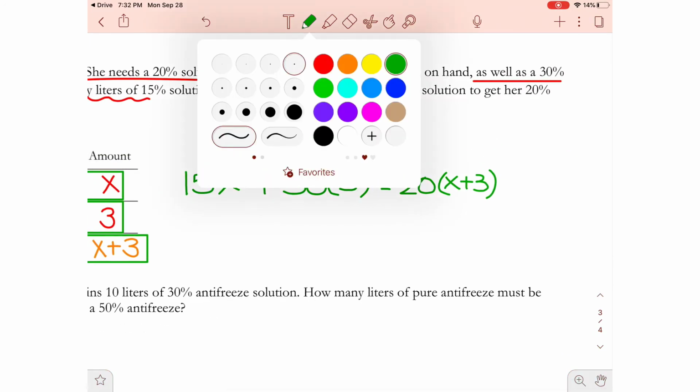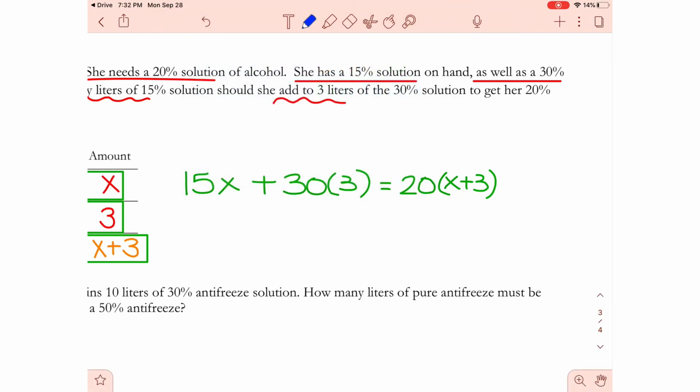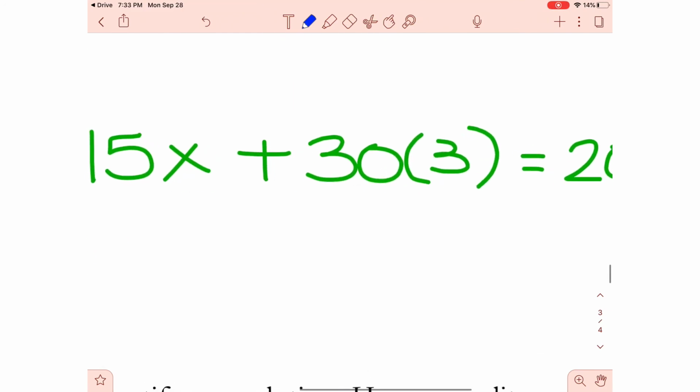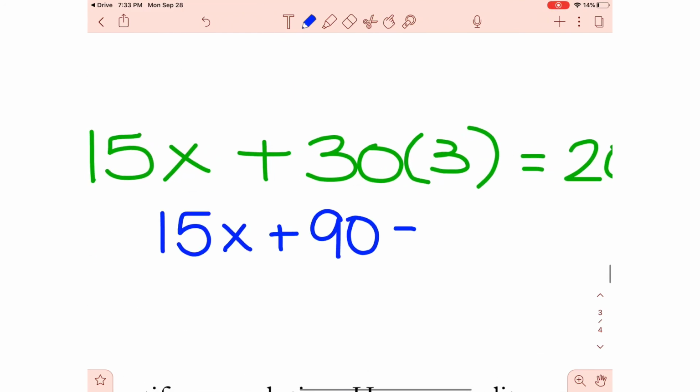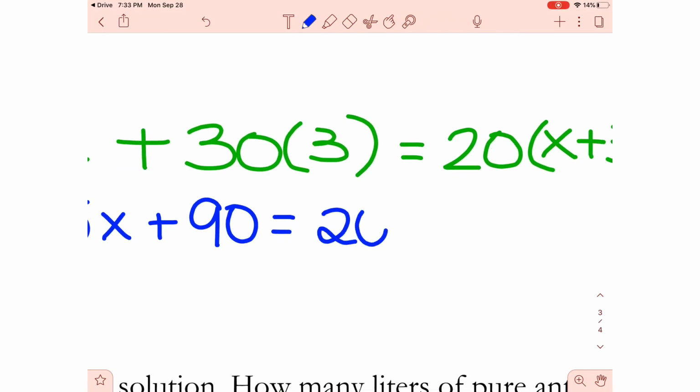Okay, let's do some math. So we have 15X plus 90, 30 times 3 is 90, equals 20X plus 60.